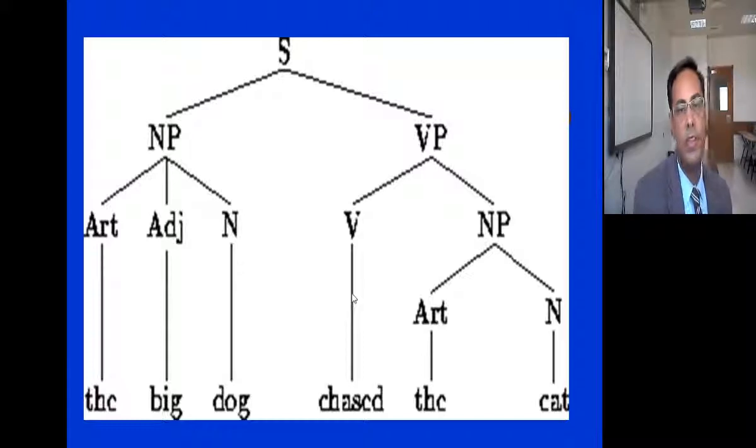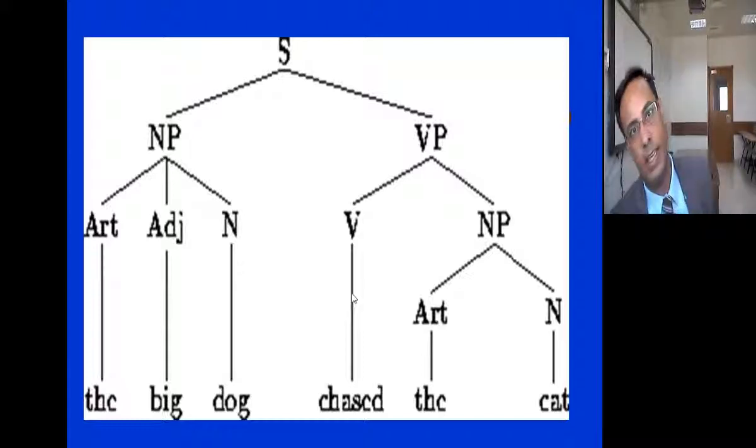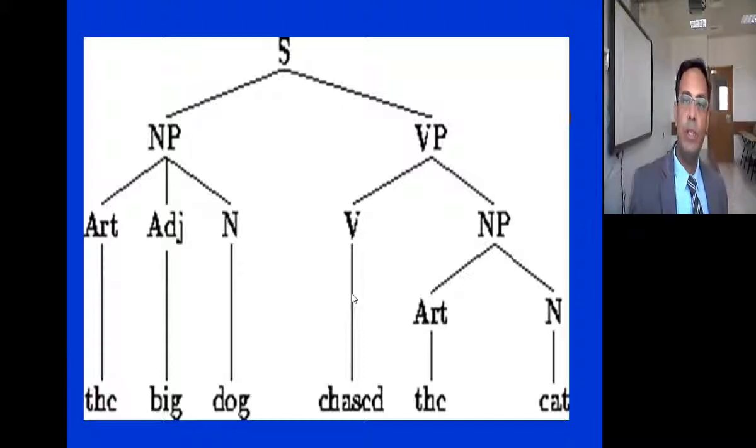Another example, the big dog chased the cat. Here, in this diagram, we have a complete sentence: noun phrase and verb phrase. The noun phrase here, the big dog, is article or determiner, adjective, and noun. This is the big dog, which is a noun phrase, the subject. And the predicate here is the verb phrase.